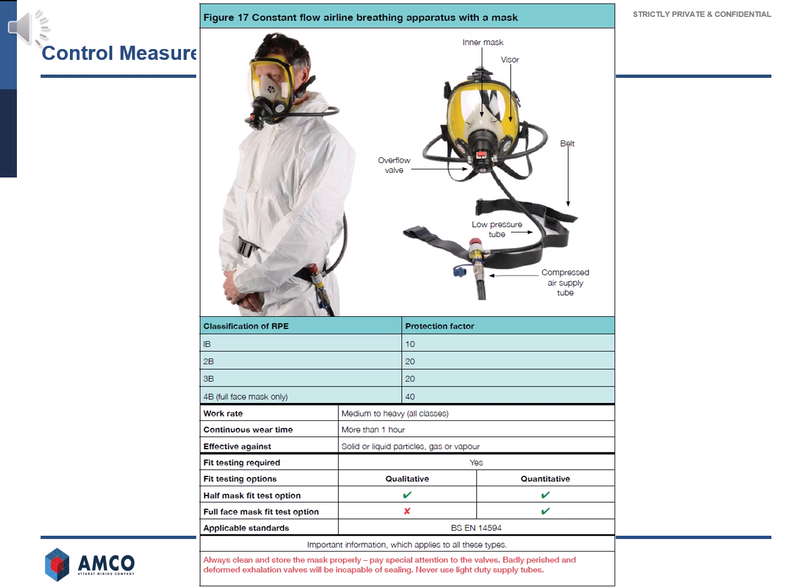Work rate, suitable for medium to heavy tasks across all classes. Continuous wear time, no limit. Effectiveness, effective against solid or liquid particles, gas, or vapor. Fit testing, required, can be done qualitatively for half masks and quantitatively for full face masks. Standards, complies with BSEN 14594.